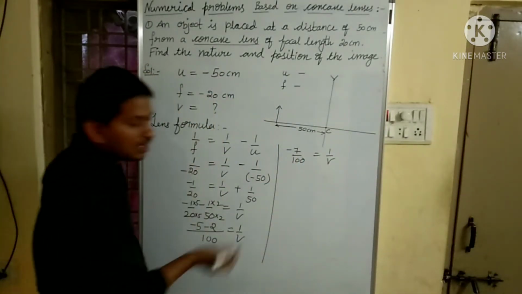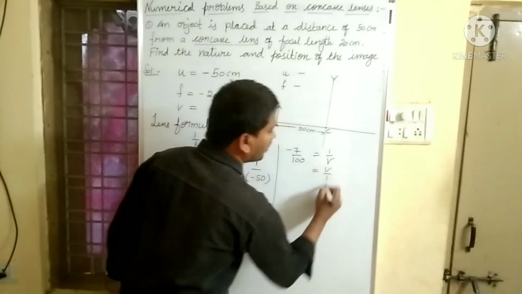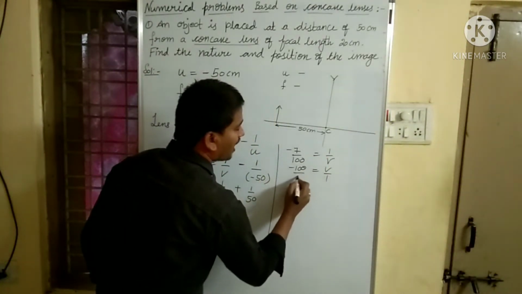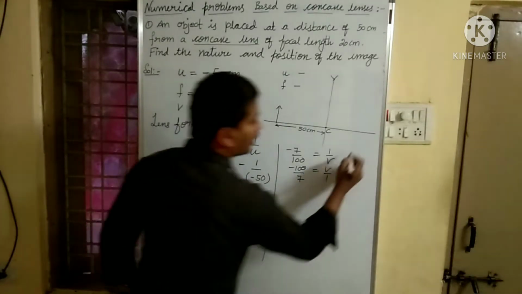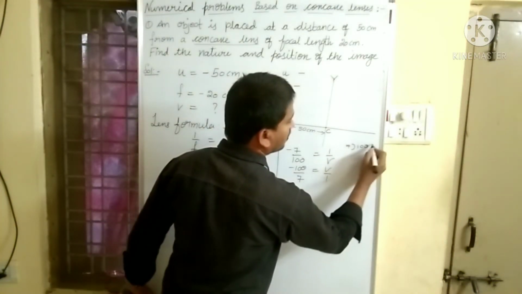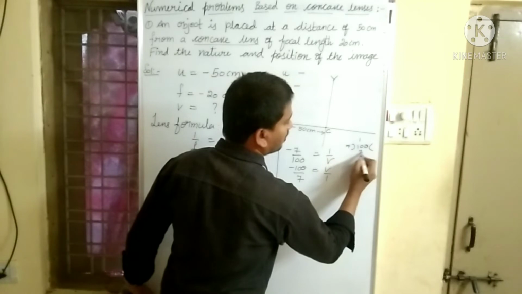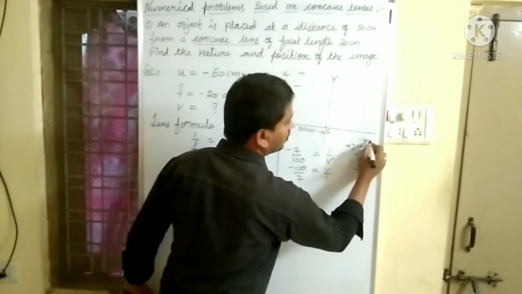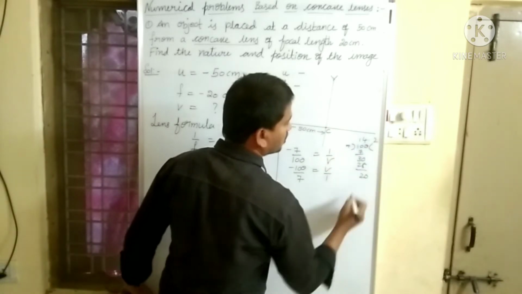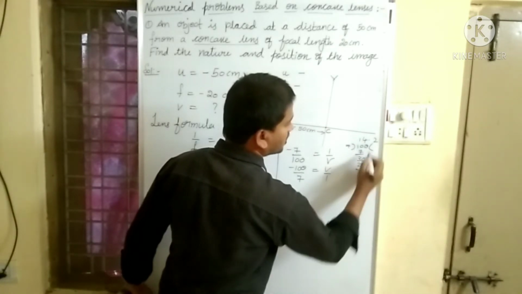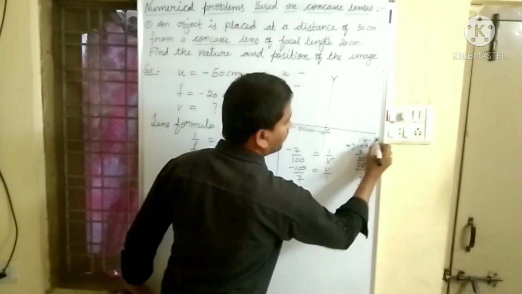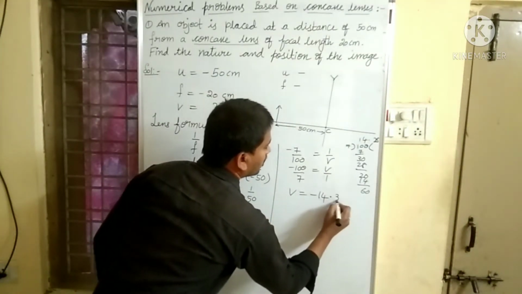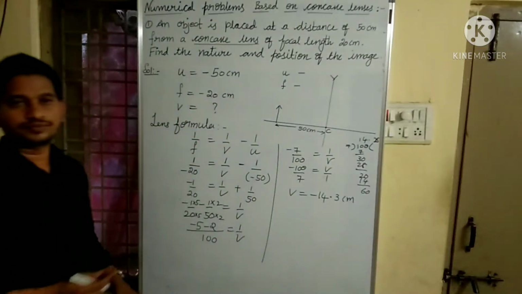So this is 1 by v. Actually we want the v value, so taking the reciprocal, v is equal to minus 100 by 7. 100 divided by 7, nearly I can write as v equal to minus 14.3 centimeter.